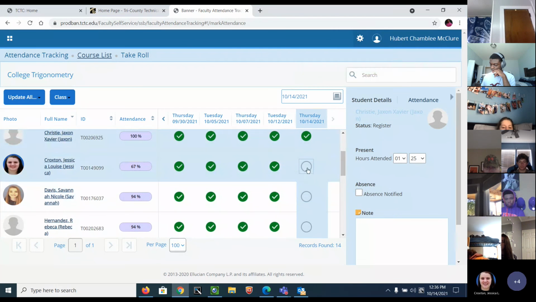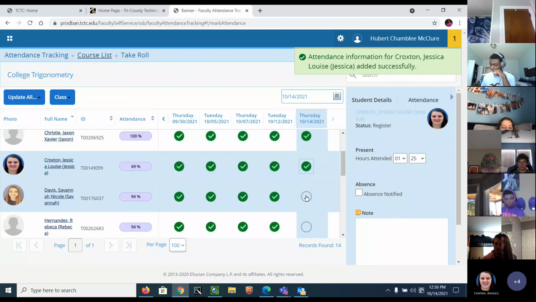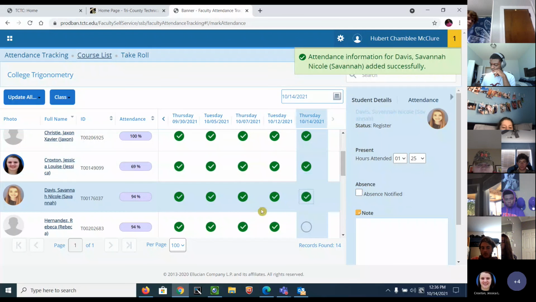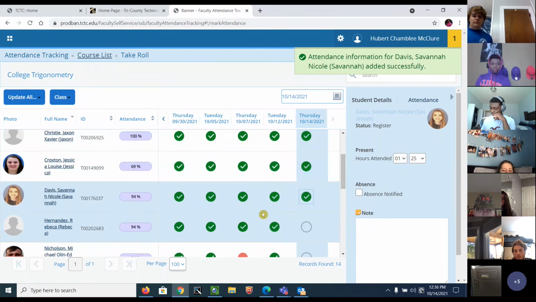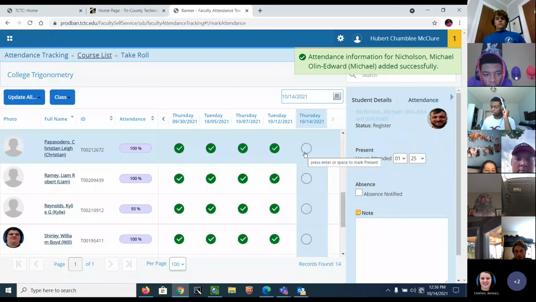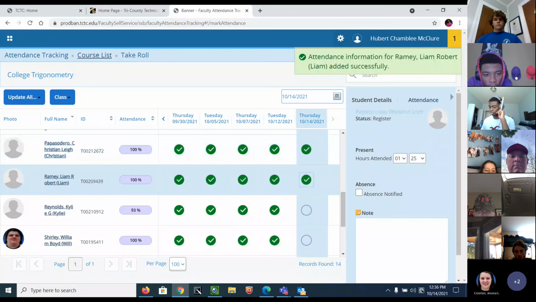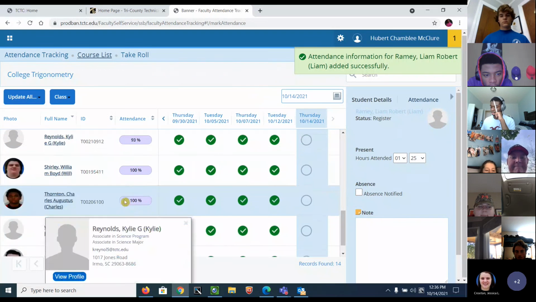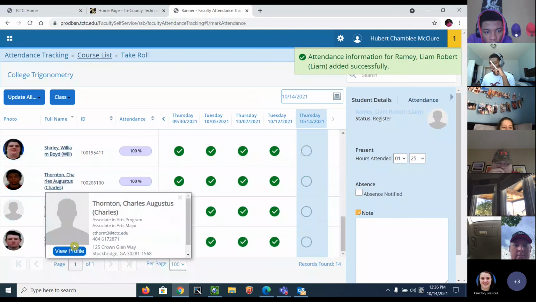Broxton is here. Davis is here. Hernandez is here. Nicholson was here. Pappas is here, and Ramey is here. Shirley, Thornton, Williams, and Wood.